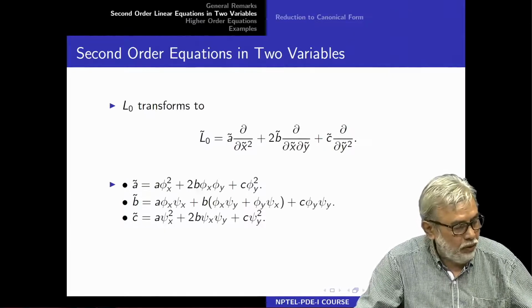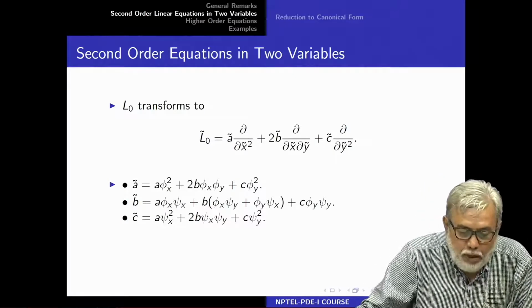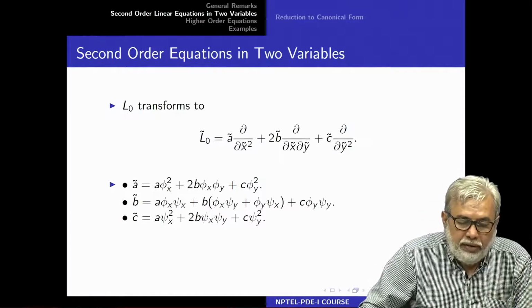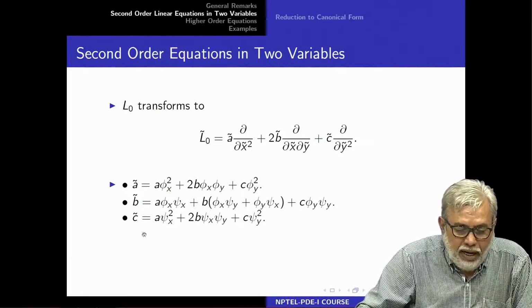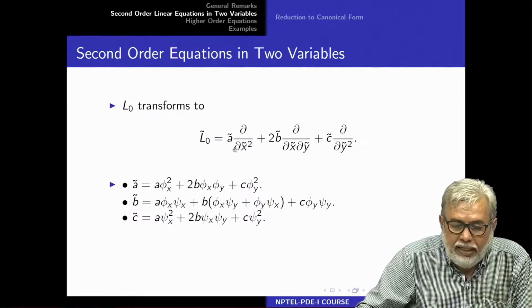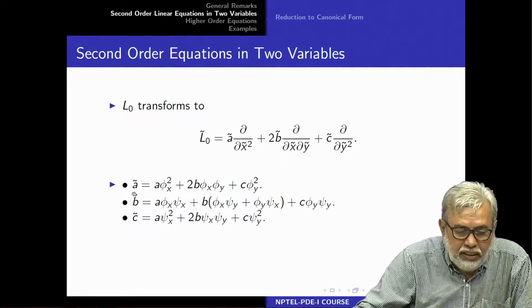Okay. So, let me again, in the case of a general second order equation in n variables, we wrote this transformation, and now we again write it explicitly here. So, just observe these three quantities.